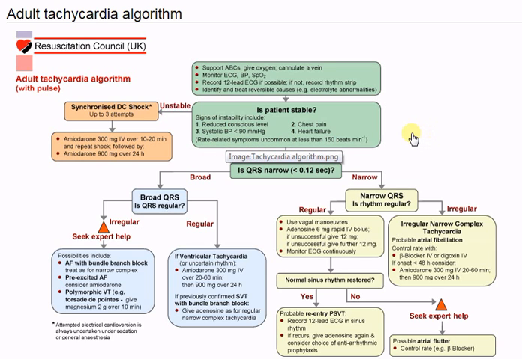And the last, if the patient has some signs and symptoms of heart failure, maybe like pulmonary edema, that's instability, that's an unstable patient. If they are unstable, you need to shock them.